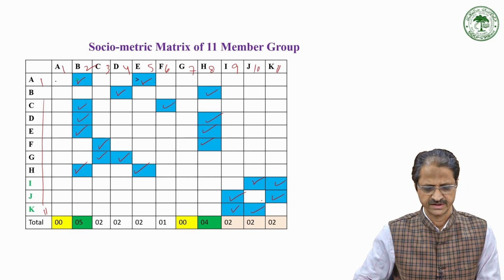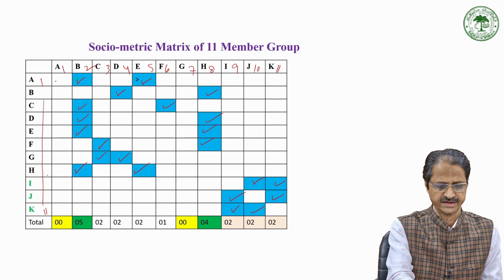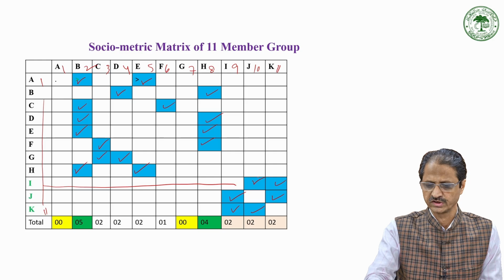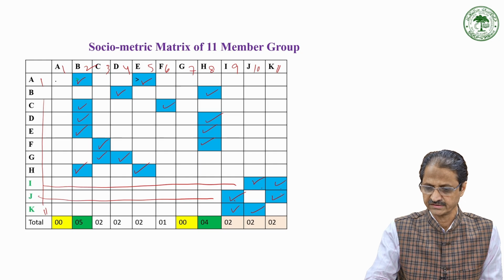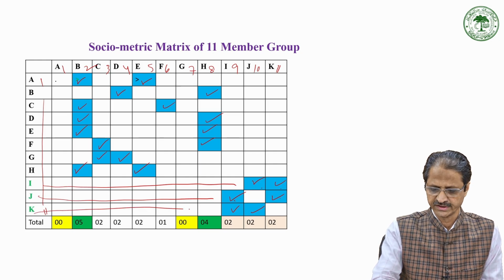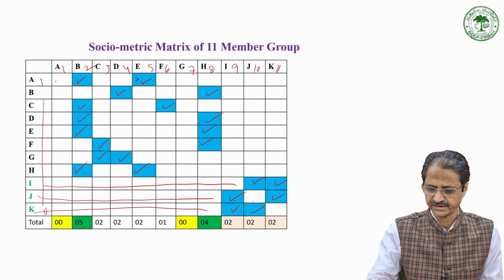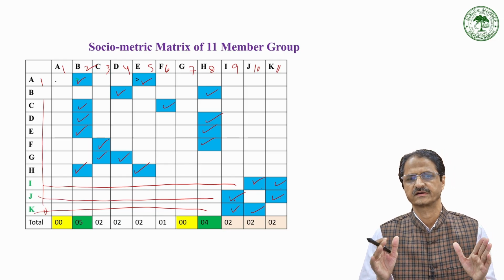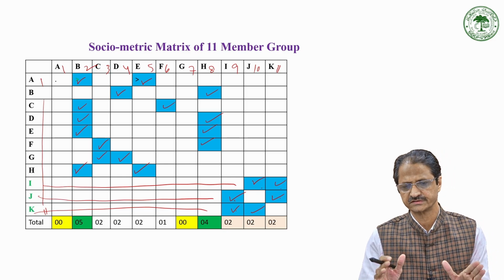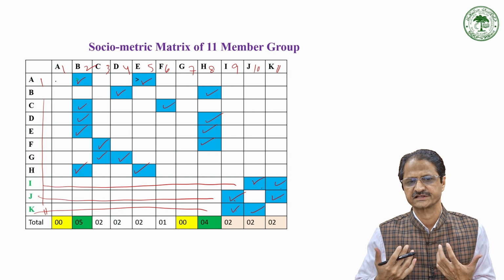Take for example, I nominated J and K, and J nominated I and K, and K nominated I or J. These 11 students, we have given the questions, we have taken the responses.